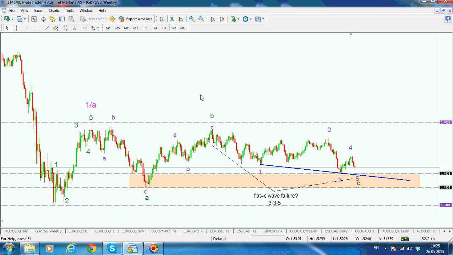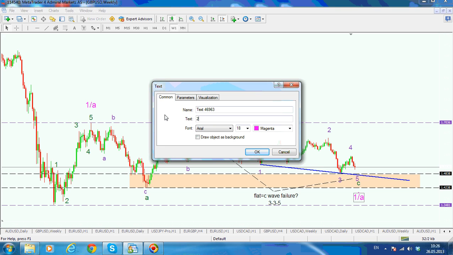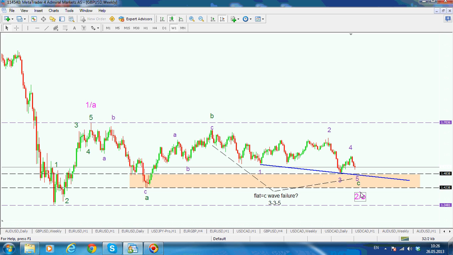But if we have a flat with a C wave failure, meaning these lows here are not going to be taken, and normally those C wave failures unleash an extremely powerful move into the other side of the market, namely to the upside, either as a third wave, if this is a first wave, then this should be the second wave, and then we're looking for a third wave to the upside, or if that is an A, then this should be a B wave, and looking for a C wave extended to the upside from this move.